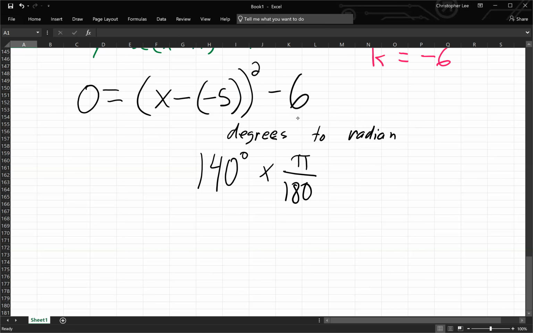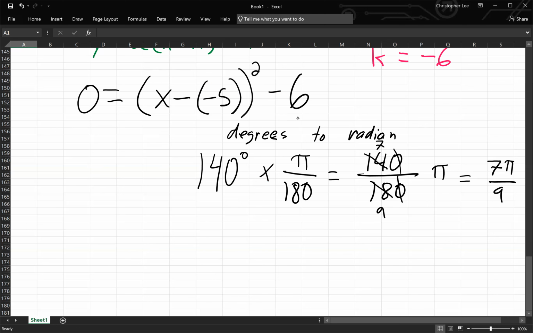So long story short, you could just do 140 divided by 180, times pi. When you reduce this, the zeros will cancel out. 2 goes into 14 7 times, 2 goes into 18 9 times. So I would say my final answer is 7 pi over 9.